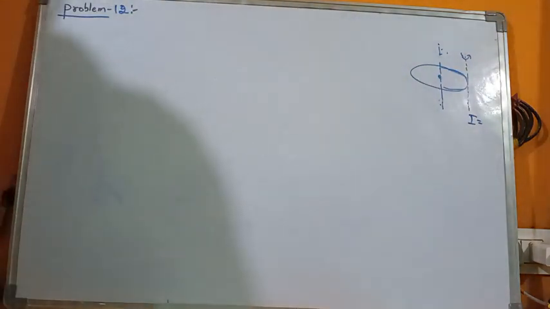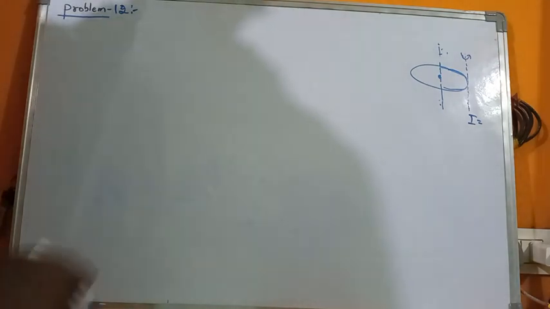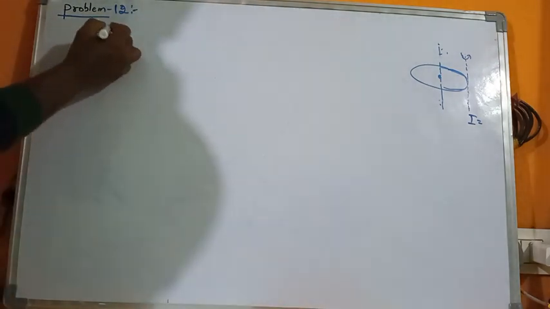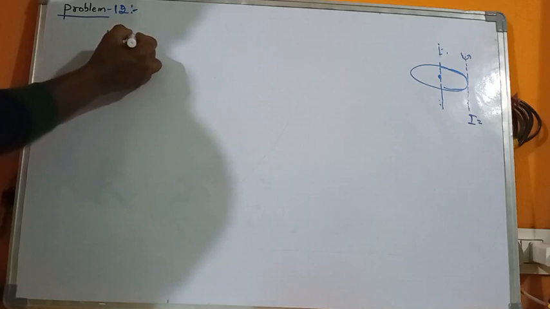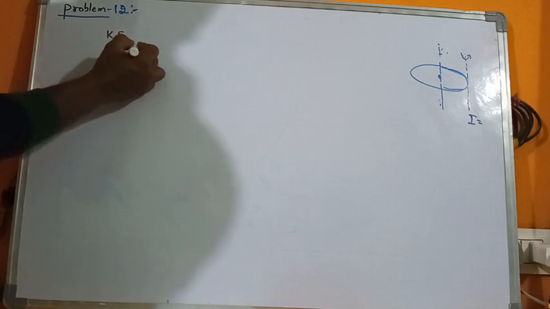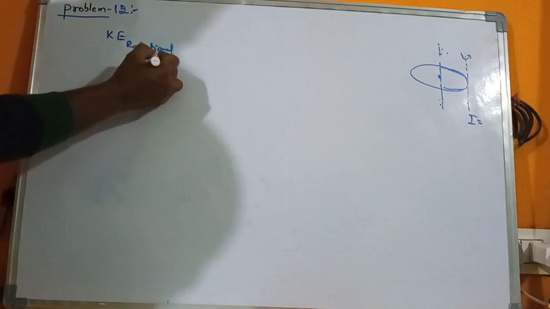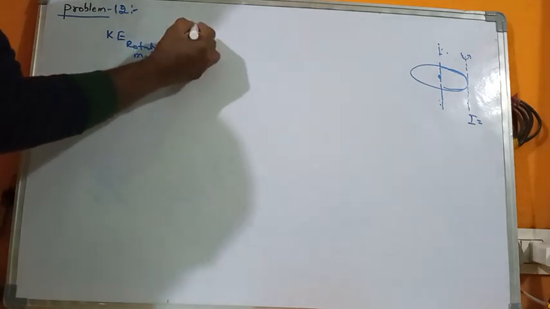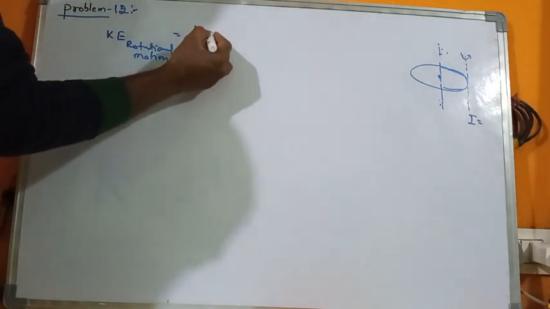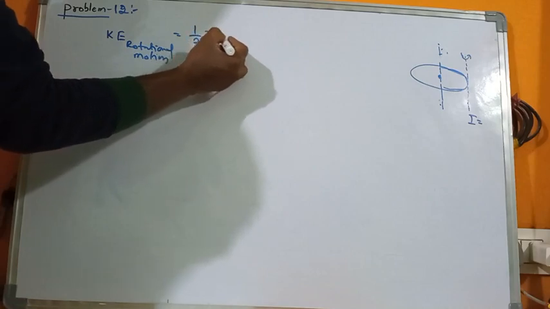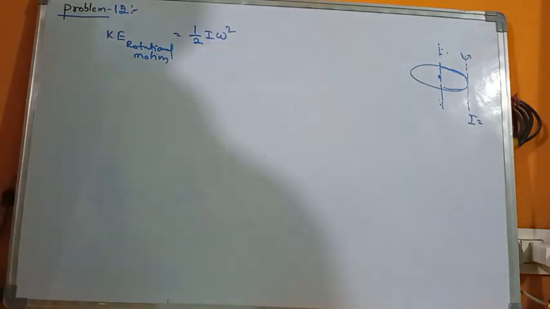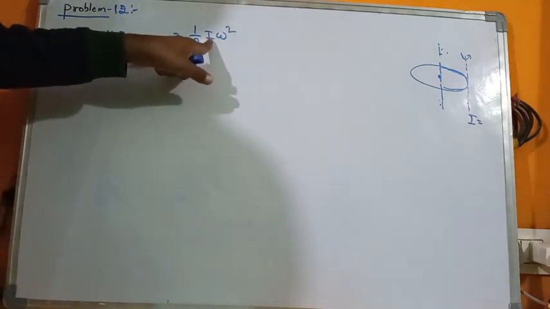What is the kinetic energy of a rotational motion of a circular disk? Kinetic energy in rotational motion is equal to half into I omega square, where the mass role is played by the moment of inertia.